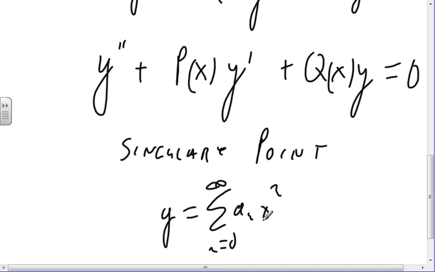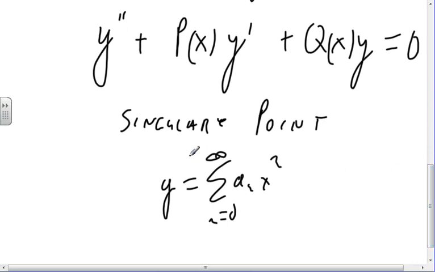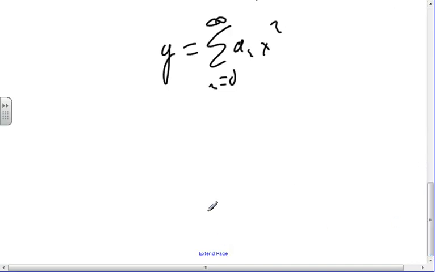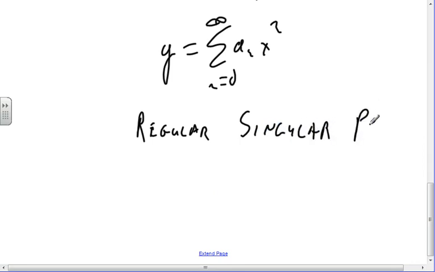And now I have to find out whether or not the singular point that I have is a regular singular point, or an irregular singular point.